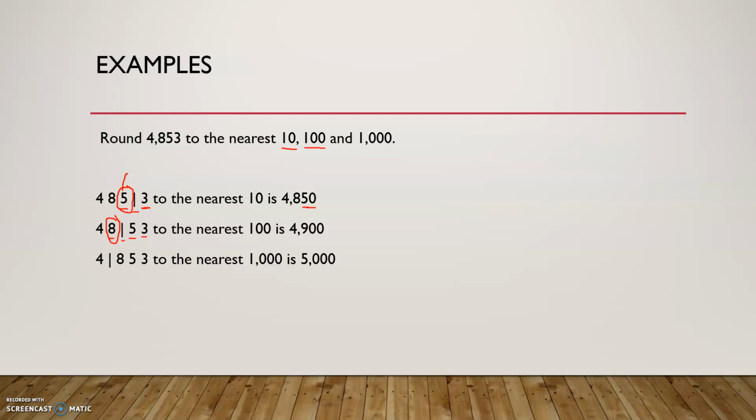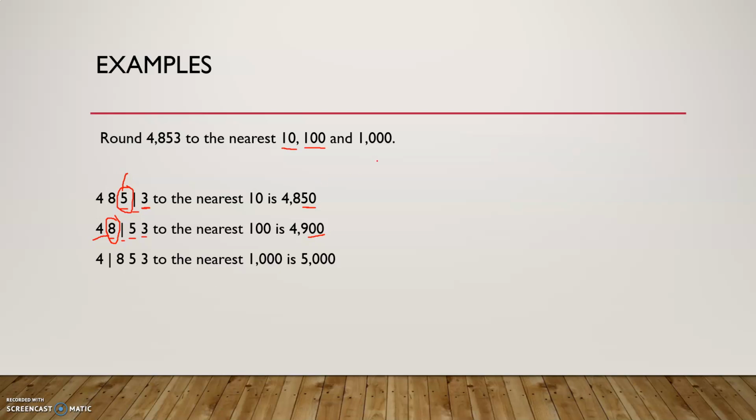After that, we're going to look at the next digit, which is 5. If it's 5 or more, then we're going to increase this number by 1. So hence we go 4, 9. And then we have to make the rest of the numbers zeros. So hence we go 4900.